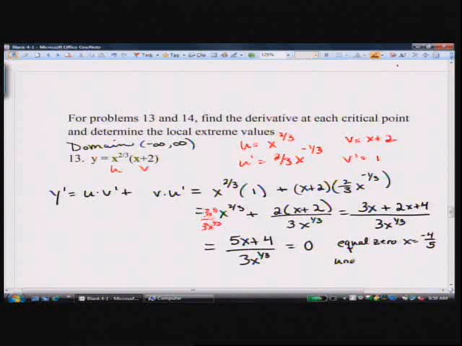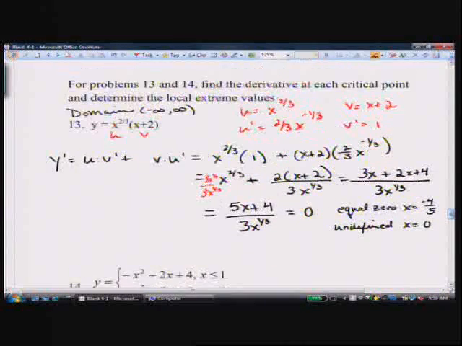And it's undefined where? At x equals 0. Does that make sense? All right, so now we have 2 points that we won't be able to say whether they're absolute max or mins, but since I have 2, I'll be able to compare them and say which one's the max and which one's the min between the 2. And we'll say they're local max or mins.